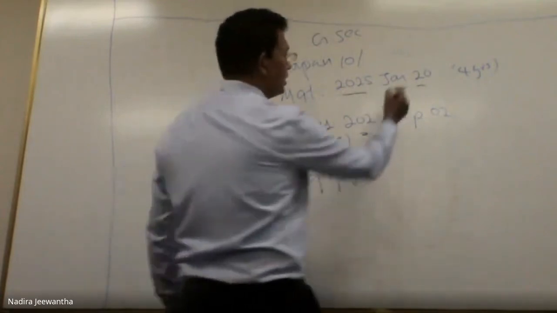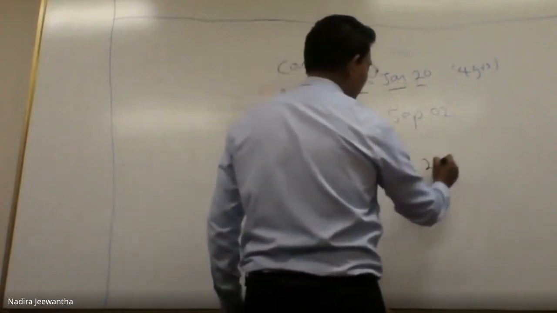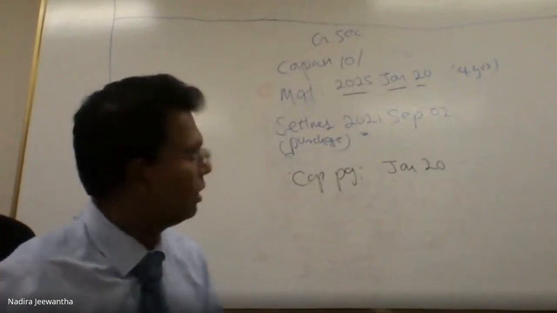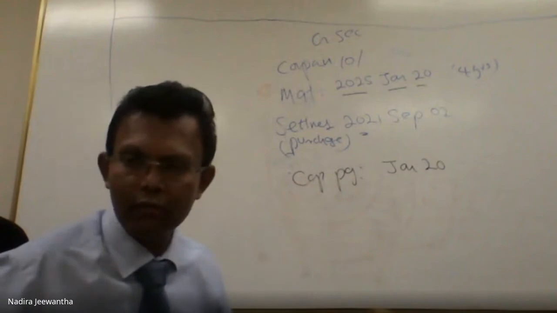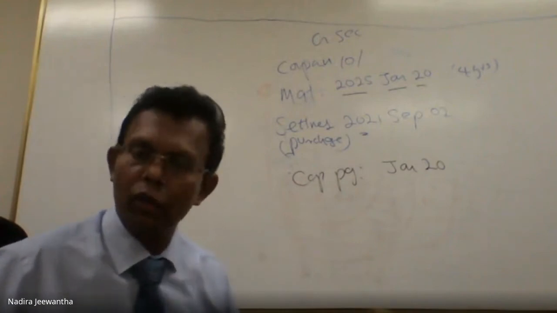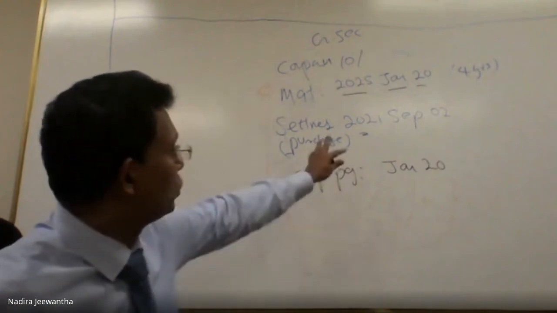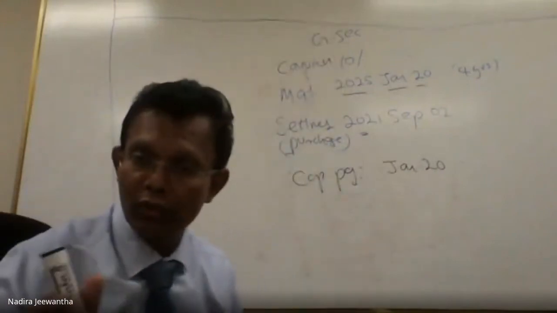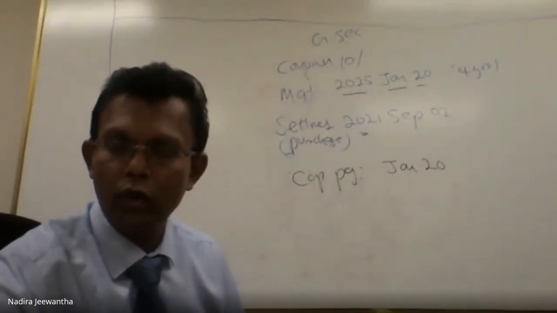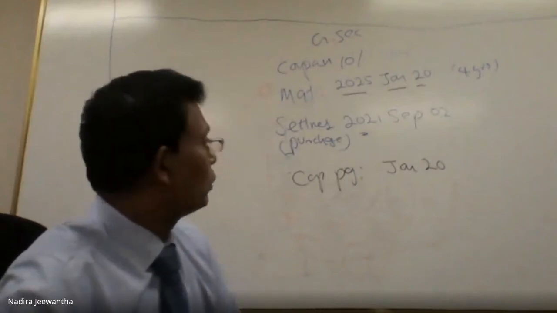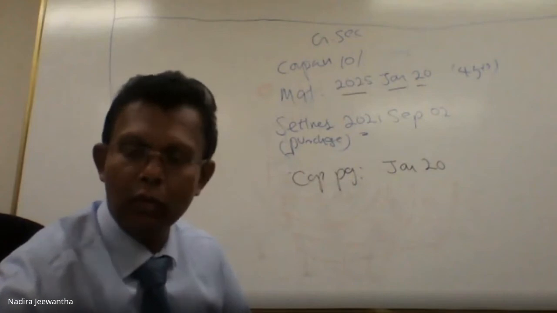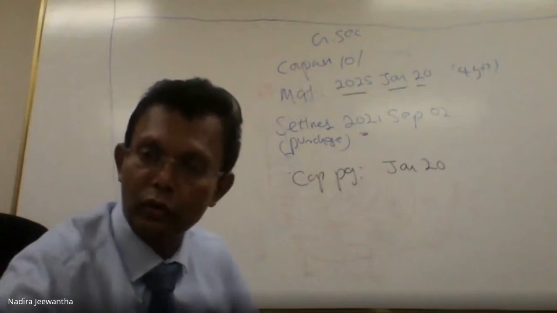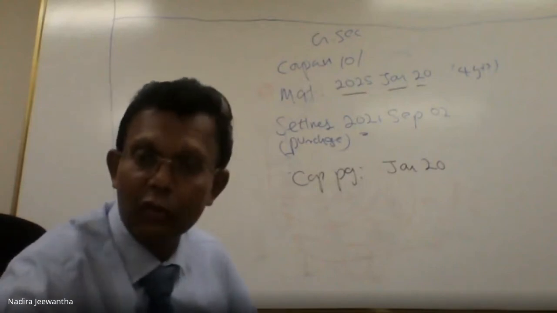One is when? January 20th. What is the year? 2022 you are getting the first coupon in January. 2023 January 20th you are getting another coupon. 2024 you are getting another coupon. 2025 January 20th you are getting another coupon.